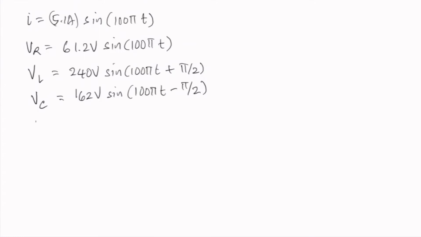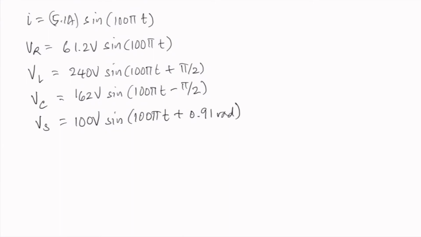Finally, for the source voltage, we have 100 volts times sine of (100 pi t plus the phase angle), which is 0.91 radians.